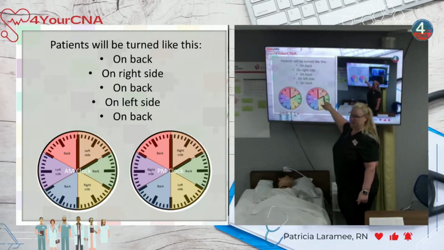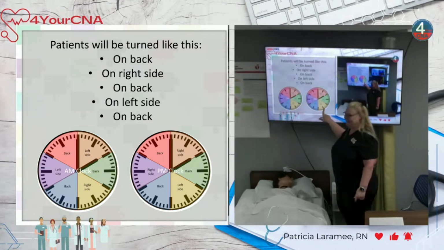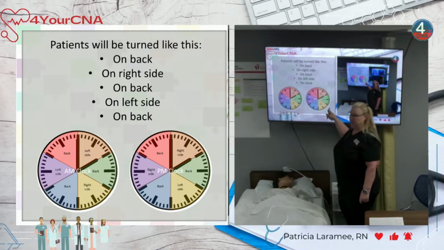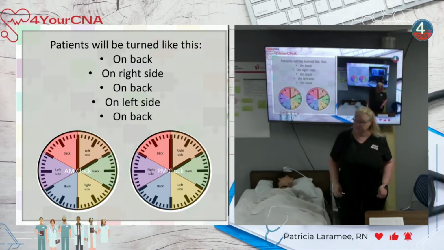So if nobody comes in, and nobody comes in, and nobody comes in, that family member will go find a caregiver and say, hey, this patient needs to be repositioned. And that helps prevent pressure sores. Good. Sometimes we have to be held accountable as well because life gets busy.